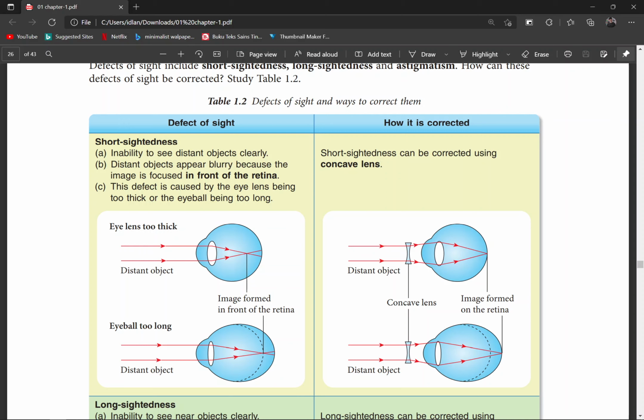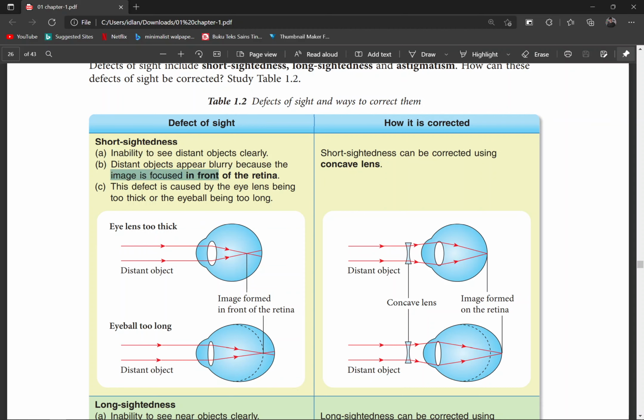Okay, jadi ingat short-sightedness tu rabun jauh. Sebab rabun jauh sebab apa? Dia tak boleh nampak benda yang jauh. Okay, ingat kita kena fix dengan concave lens. Ingat defect of sight. Sebab apa defect dia? Eye lens too thick. Apa masalah dia? Inability to see distant objects clearly.